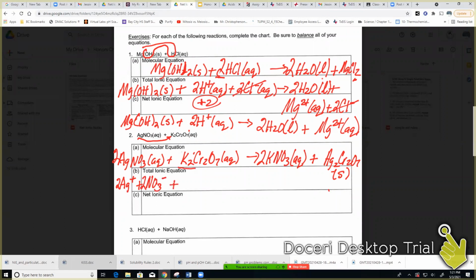And then I move on to this compound, 2K plus and Cr2O7 2 minus. So that's everything in my reactants. Now I'm going to move on to my products. My potassium nitrate, I have 2 potassium plus and 2 nitrates minus. And then this last thing is a solid, so it's going to stay as it is. Ag2Cr2O7.